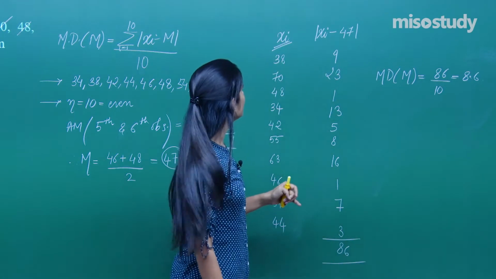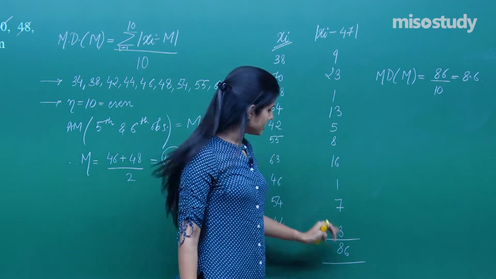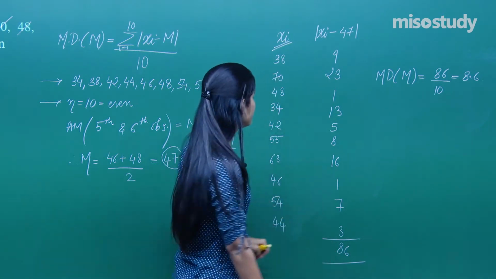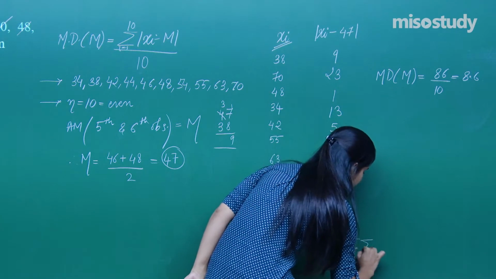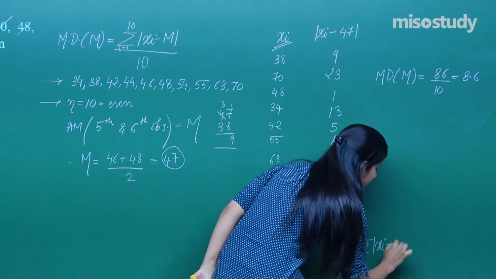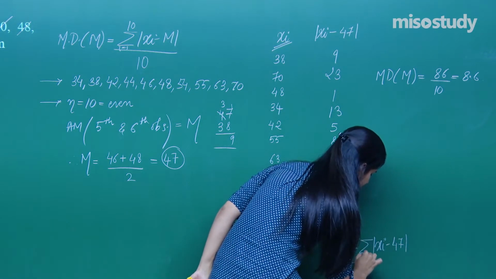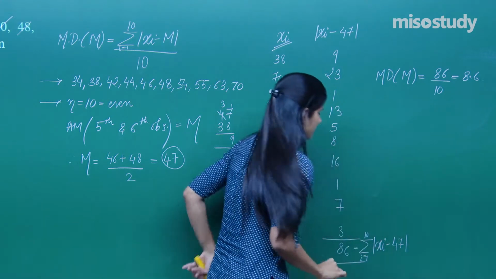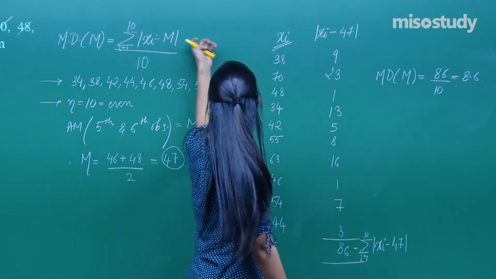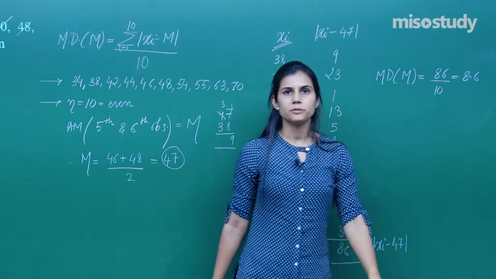Is it clear? This is summation mod of xi minus the median. The numerator is 86, the denominator is 10, your answer is 8.6.